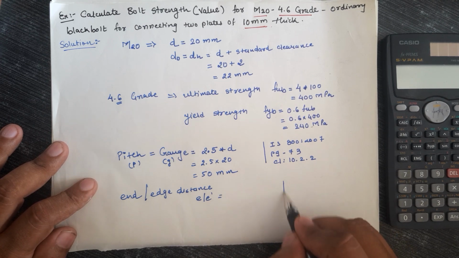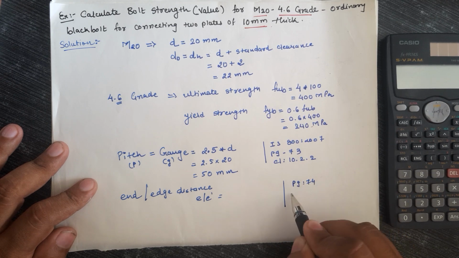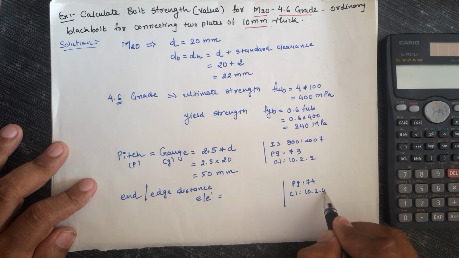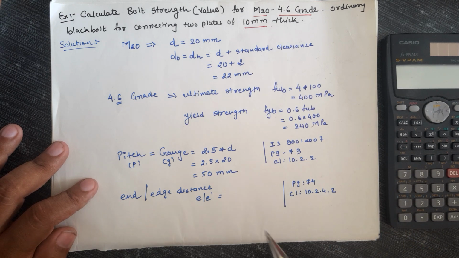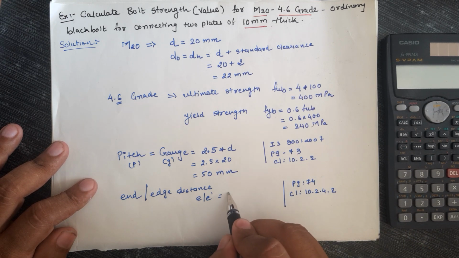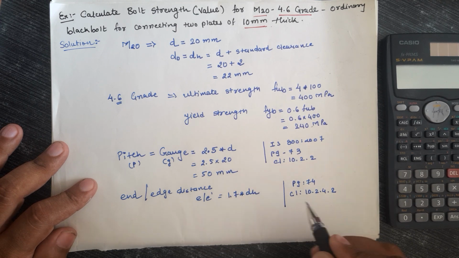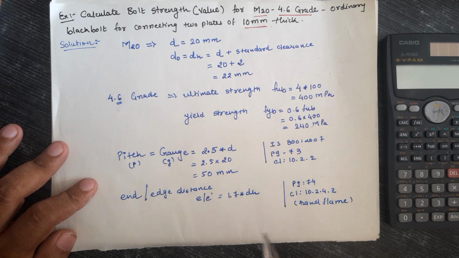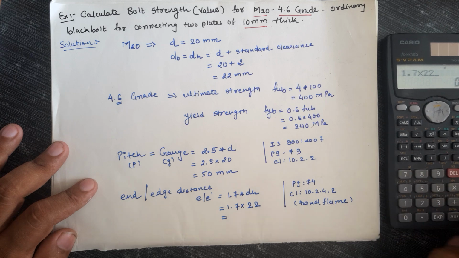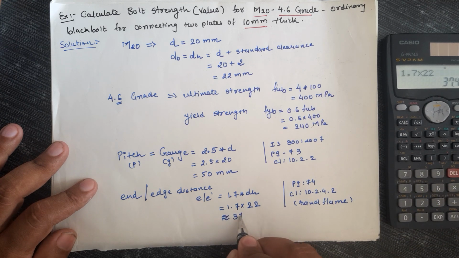According to page number 74 of the code, clause number 10.2.4.2, it is clearly given that the end or edge distance is assumed as 1.7 times the diameter of hole for hand flame cut edges, that is, in situ or in the field. So 1.7 into 22 is almost 37.4, and now we assume that it is 40 mm.